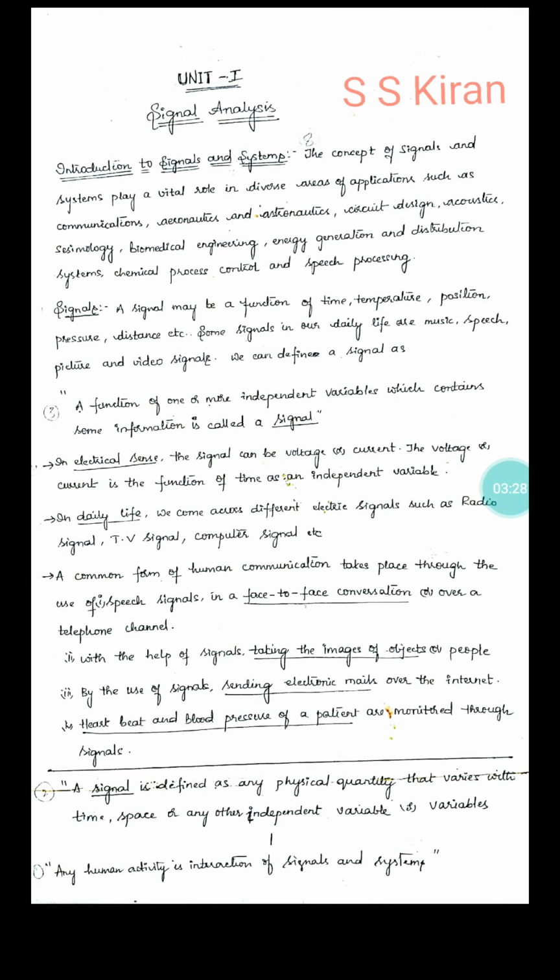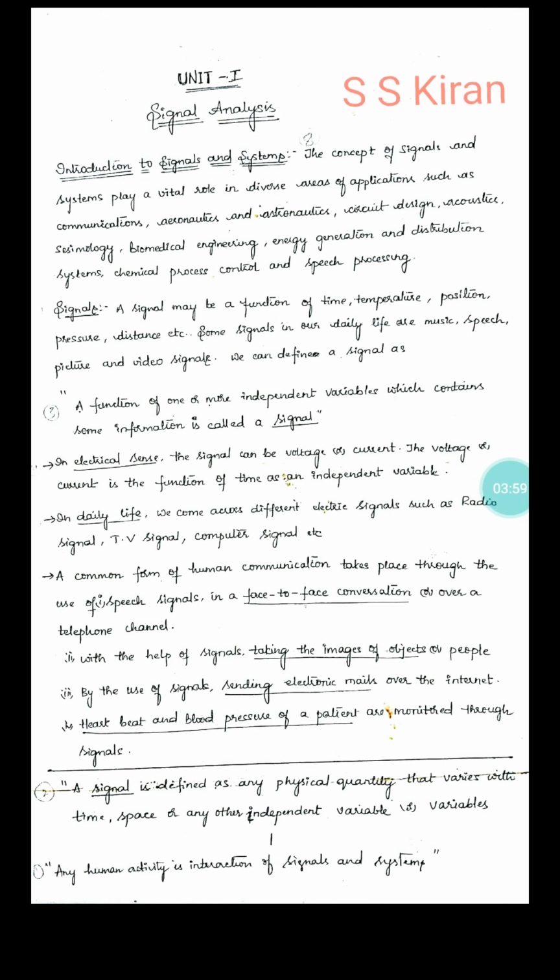Whatever has components, and those components are connected one by one, is nothing but a system. Coming to the definition of system, it is a physical device which has components and their meaningful interconnections, called a system.